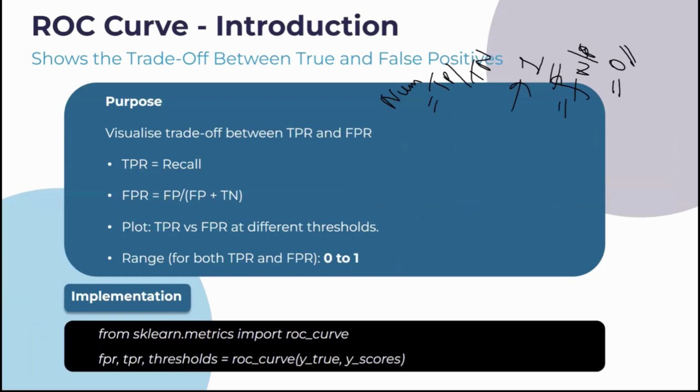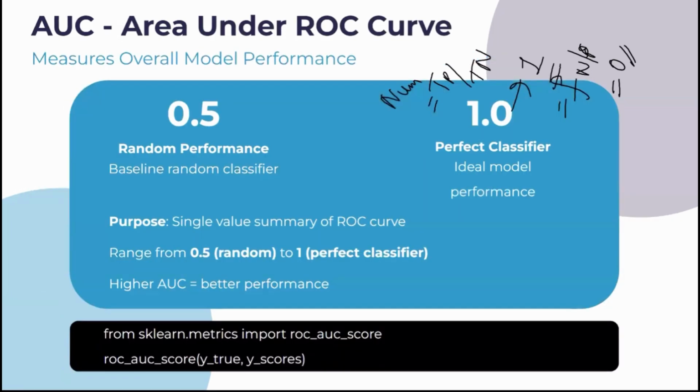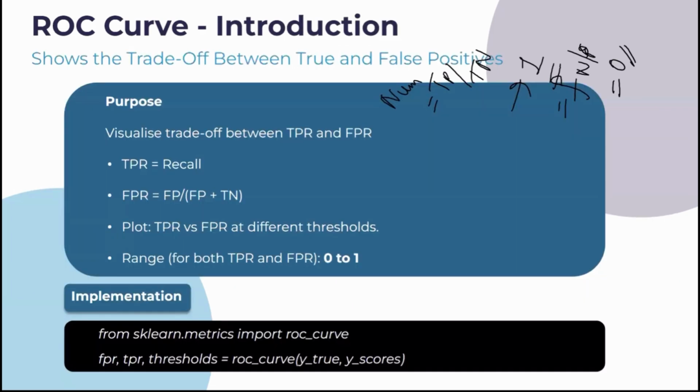All right, guys. All this I think we have done multiple times. One more thing is the trade-off between true positive and false positives. In that case, I mentioned that curves can be utilized, and the false positive rate is worked out as false positive divided by false positive plus true negatives.